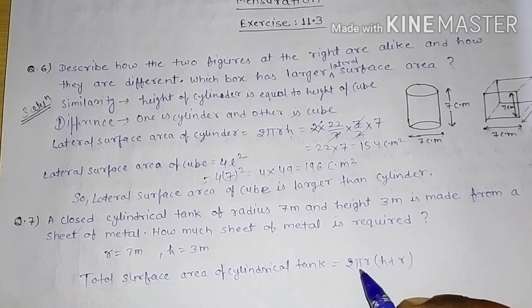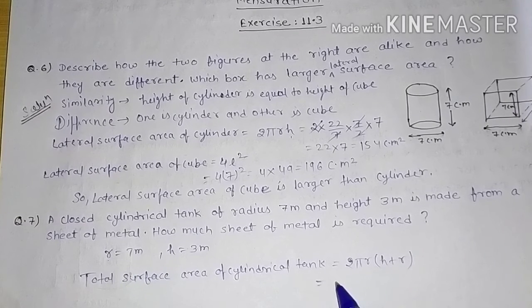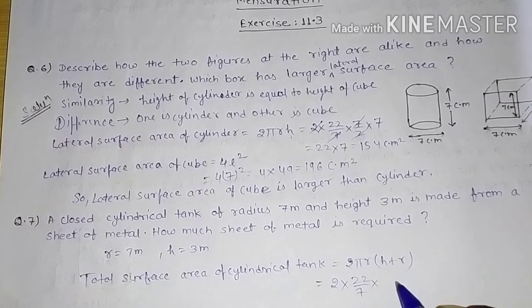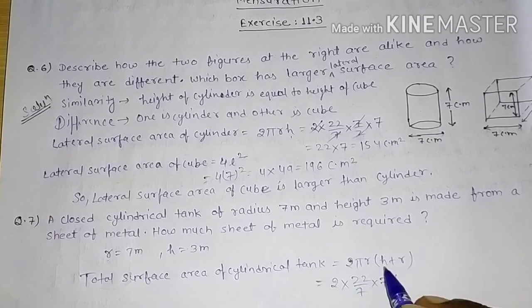Now just put the values of r and h, the values are given here. So we will get 2 into pi, that means 22 by 7. R is given 7 meter and h is 3 plus r is given 7 meter.